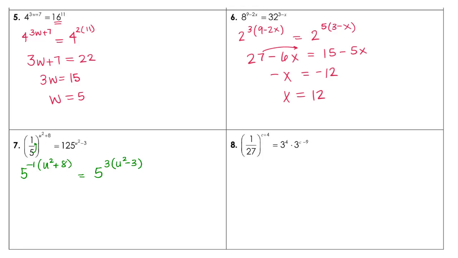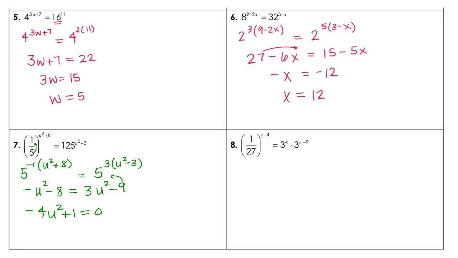And so that u squared there, we might have a factoring situation. So we have negative u squared minus 8 equals 3u squared minus 9. I'm going to subtract over to have negative 4u squared, and I need to add my 9 over, so that's going to give me plus 1, and all that equals 0.